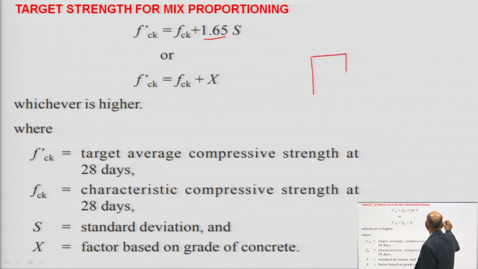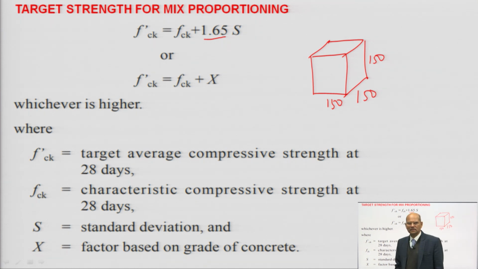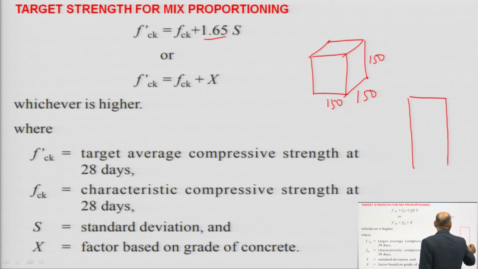A cube of size 150 by 150 by 150 is considered. But the ACI, American Concrete Institute, considers cylinder strength. Suppose the diameter is 150, then the height will be 300.